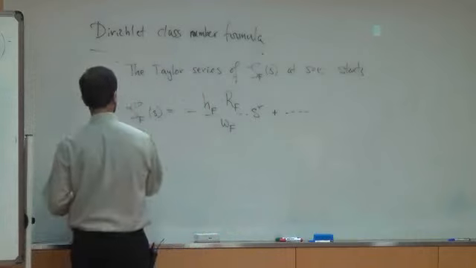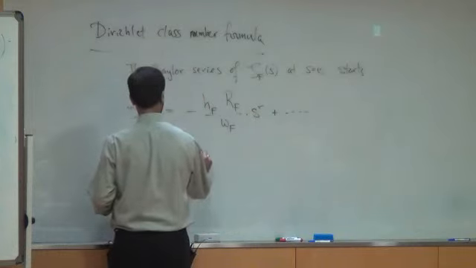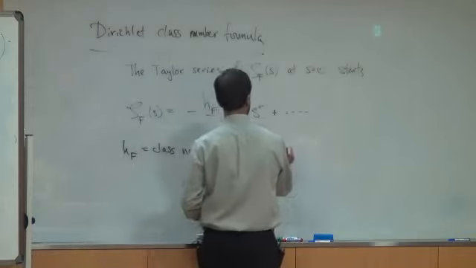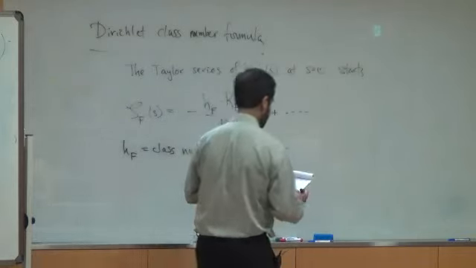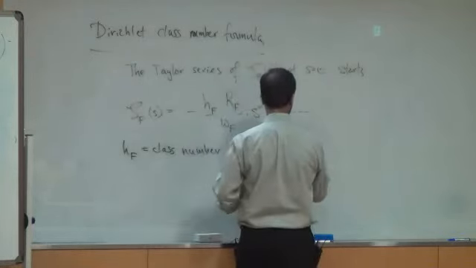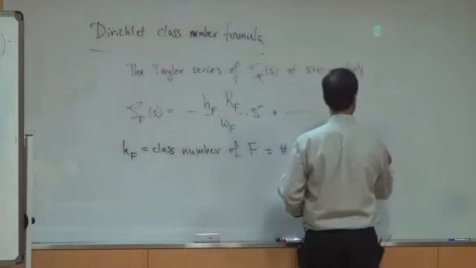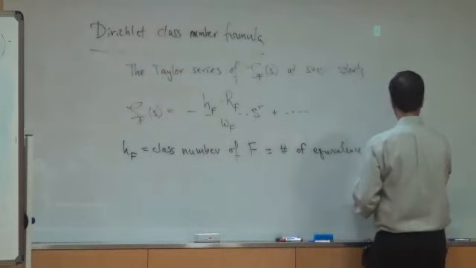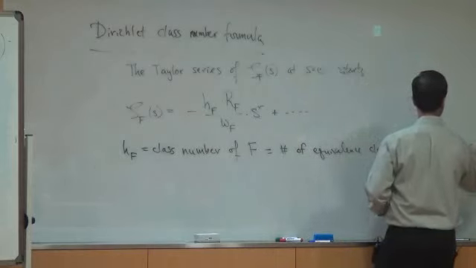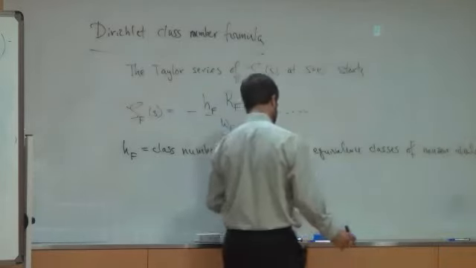Okay, so h_F is the class number of F, which is defined to be the number of equivalence classes of non-zero ideals of the ring of integers of F under a certain equivalence relation, which I'll tell you.